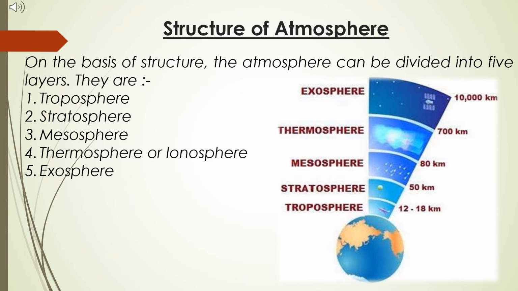Mesosphere. The word mesosphere is derived from Greek mesos, meaning middle, and sphere, meaning earth. It is the third layer of the atmosphere, directly above the stratosphere. It lies at an altitude of some 80 km above the Earth's surface. The upper limit of the mesosphere is mesopause.